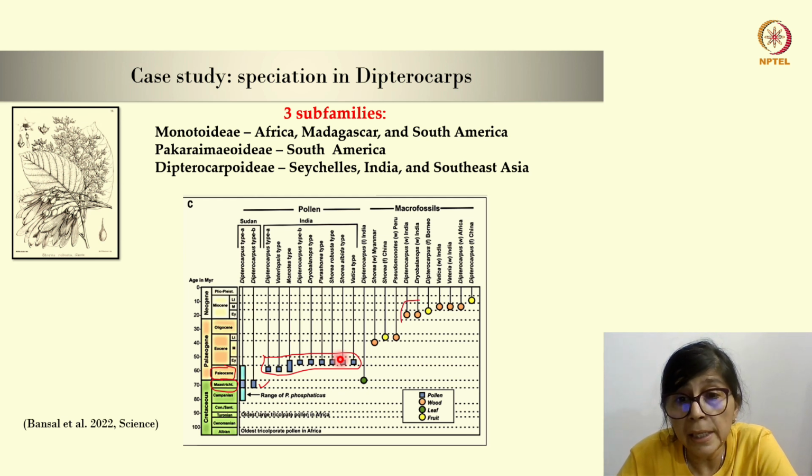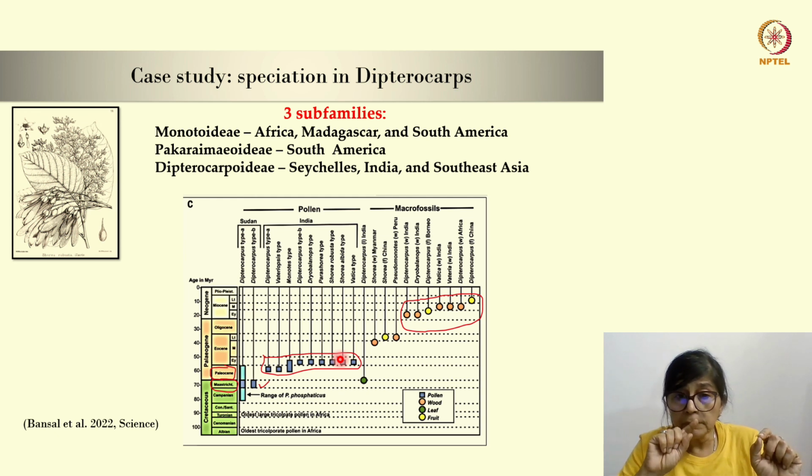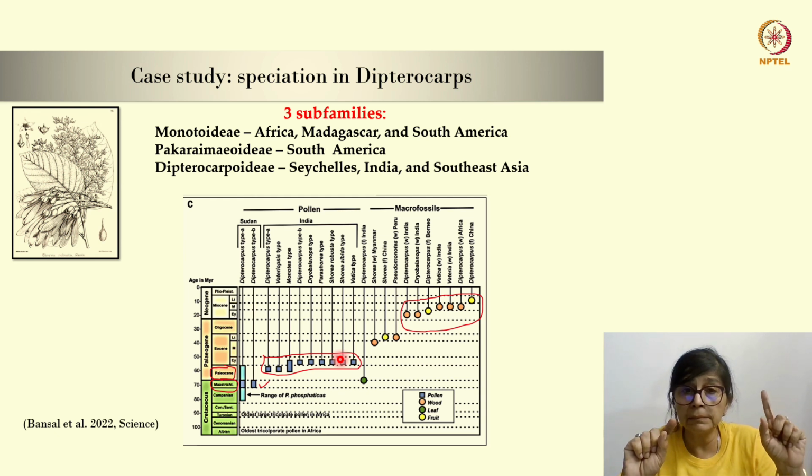And again, the neotropical, or more New World, species evidence was collected through macrofossils. Initially, the Sudan and Indian evidence, or pollen evidence, are called microfossils because they are very micro. And macrofossils, you can see, would be wood, leaf, or fruit. These were the evidences collected.